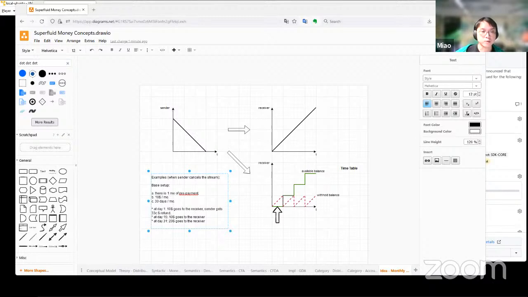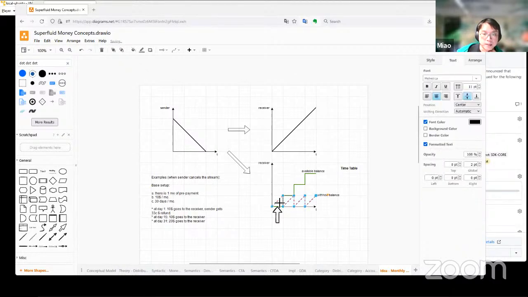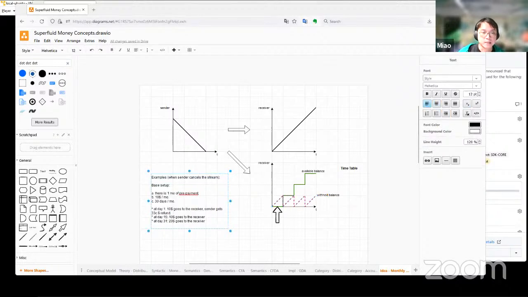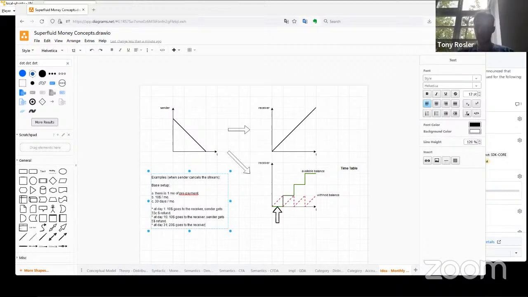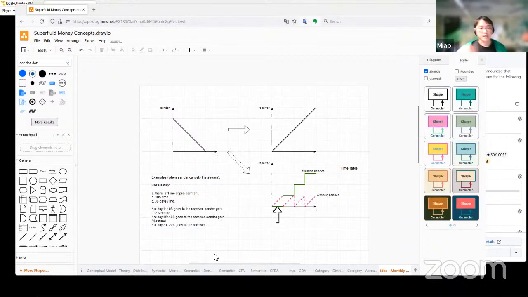Because it's a smooth stream, 33 cents already went to the receiver, but in the withholding account, so it's in the red part. But at day 1, if he cancels, 33 cents goes back automatically to the sender, right? So in the second case, the sender gets a $5 refund, right? So at day 31, same thing for the receiver, right? So it's 33 cents. So that's a construction that I'm trying to convince you that it should be.